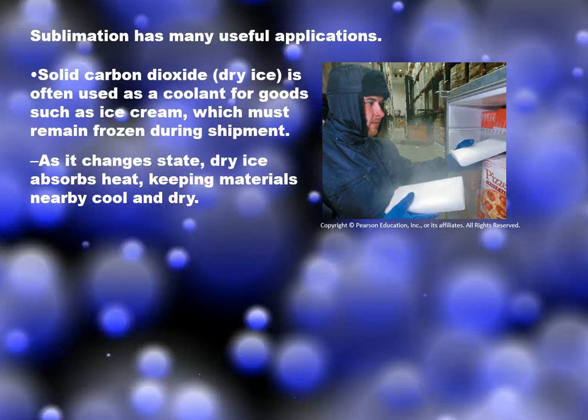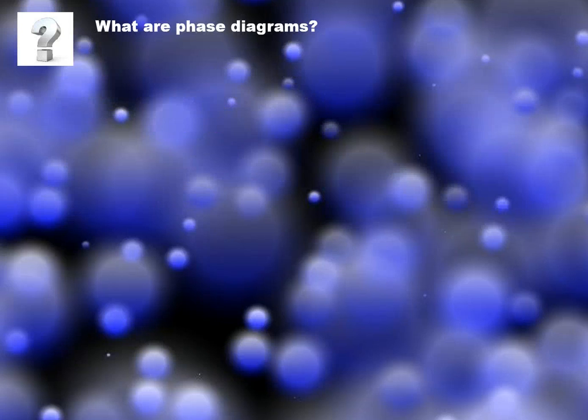There's one company called Omaha Steaks, and they send out meats and frozen vegetables, and they arrive in a styrofoam container that's packed in dry ice. The cool thing about dry ice is that as it absorbs heat, it keeps the materials it's packed around cool and dry, so they don't get soggy like they would if it was water ice melting.